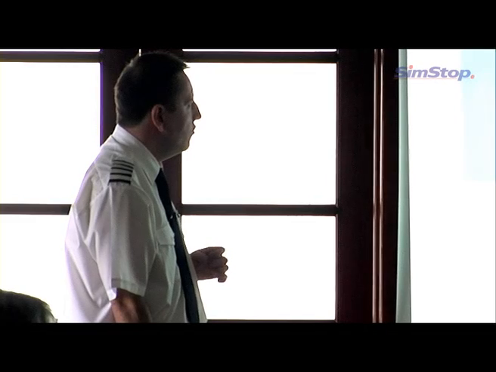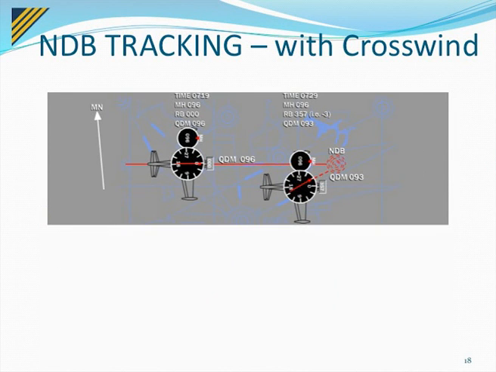Tracking with a crosswind, you need to first establish what the drift is. So flying heading and track first off, just for a minute or so, just to see what the wind's doing to you, and then you can apply the correction into wind.